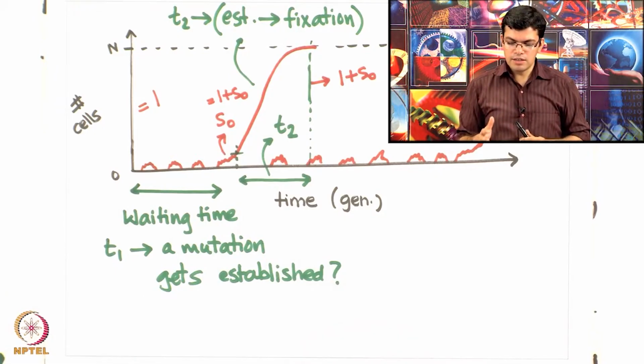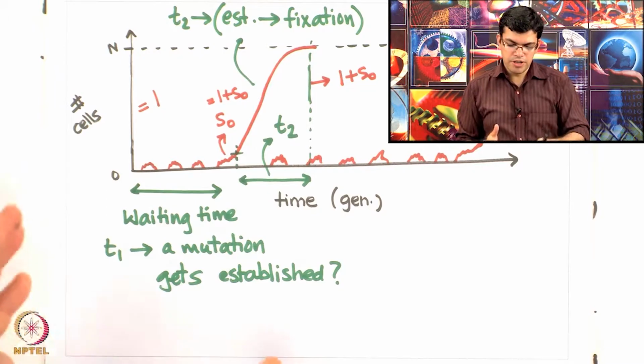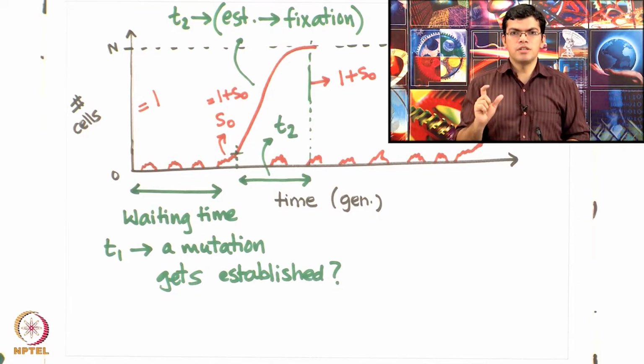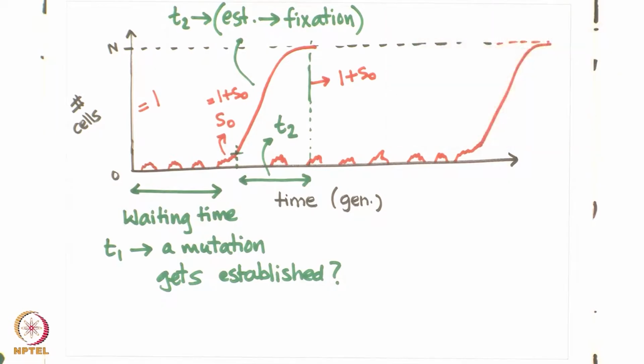So, I need to get an estimate of T1 and T2, and I know that in the time T1 plus T2, fitness changes by S0. So, the speed of evolution is just given by S0 divided by T1 plus T2.